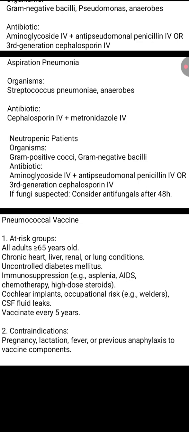Vaccinate every 5 years. Contraindications: pregnancy, lactation, fever, or previous anaphylaxis to vaccine components.